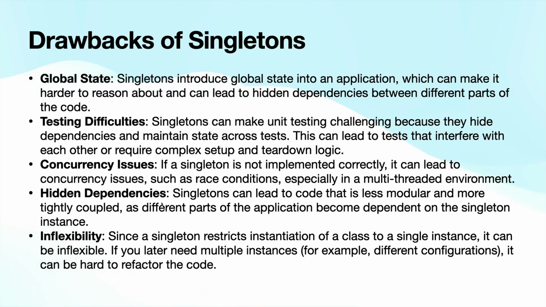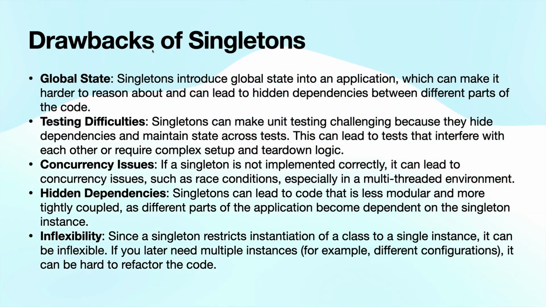Another one is testing difficulties. Singletons make unit testing challenging because they hide dependencies and maintain state across tests. That's a big drawback of singletons, where dependency injection comes in to save the day, which we will go over in another video. But essentially, guys, with singletons, it can lead to tests that interfere with each other or require complex setup and teardown logic. Singletons make things harder to test.